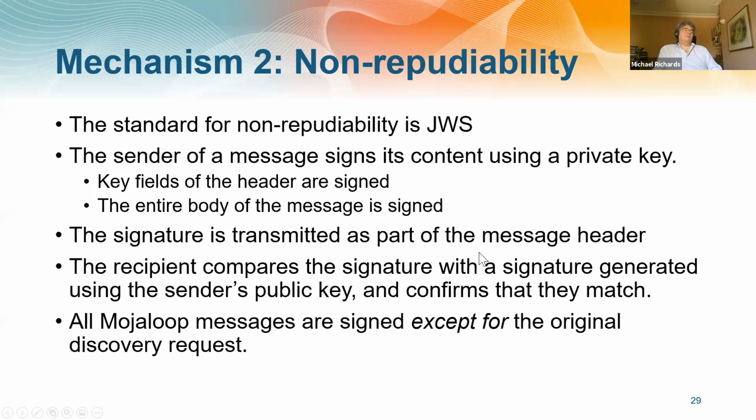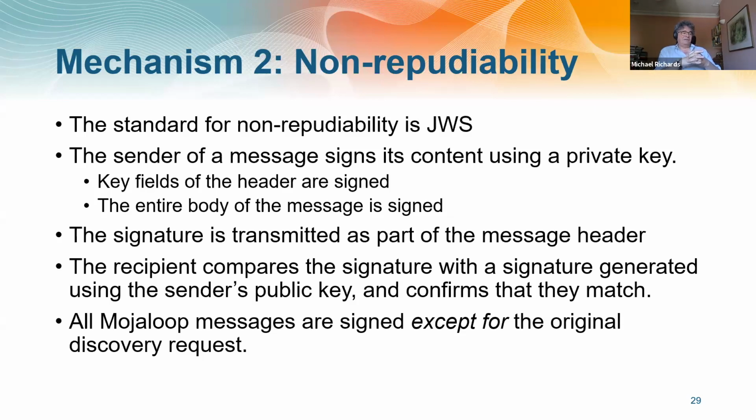Second, we want non-repudiability. Now this is implemented using JSON Web Signatures. And essentially what this is designed to do is to say, if I receive a message that purports to be from Bank A, can I be sure that it really is from Bank A? Now, what happens is Bank A signs the content of the message and it uses a private key. This is both key fields in the header of the message and the entire body of the message.